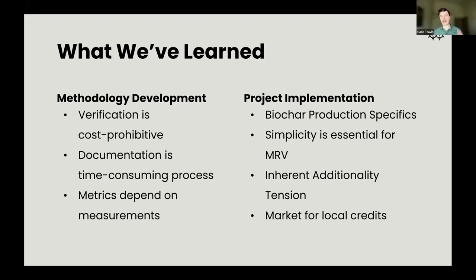And then on the biochar implementation side, I can get into some of the nuts and bolts, and I don't know how relevant the biochar specifics will be for the audience here, but I can just run through it. The big thing is that slash piles that are not built to produce biochar are really not optimized for biochar.